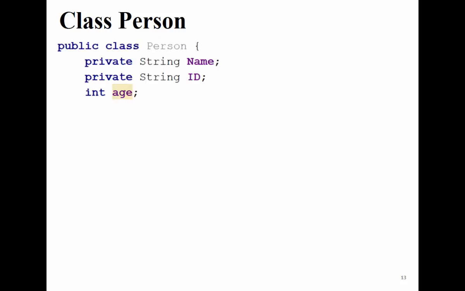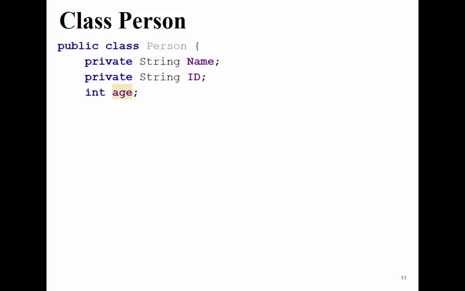For example, a class Person that we created through these semesters. We have name and ID, both of type String. Now, as you can see, String is an object, so this is where we have a nested object inside the Person. So I decide to create a Person class that contains three attributes or fields: name, ID, and age.